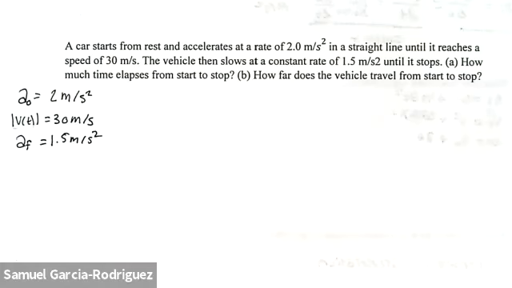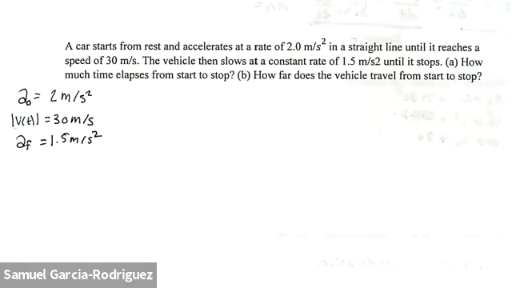We can use it to find time, but it's going to be in multiple steps. Mac, do you think you could give maybe a first step to what you would do? Sorry, could you repeat that? So if you were given this problem from here, what would you do? What do you think you should do?